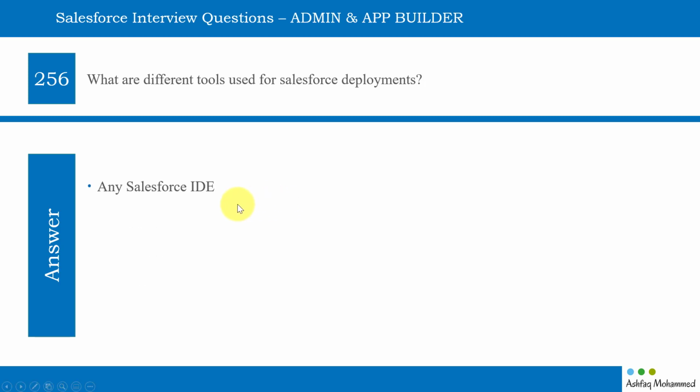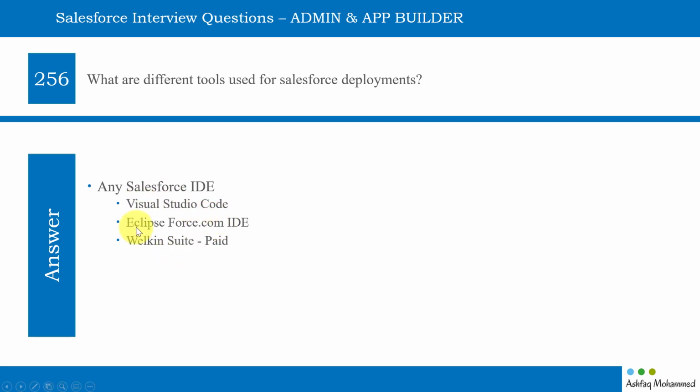Apart from this, we can also deploy using any Salesforce IDE. We can use Visual Studio Code to deploy. Developers normally use Visual Studio Code to deploy, or they use Eclipse as well. They use Welkin Suite, which is paid. If developers are using these tools for development, they directly deploy one or two files or Apex classes from one org to another org.